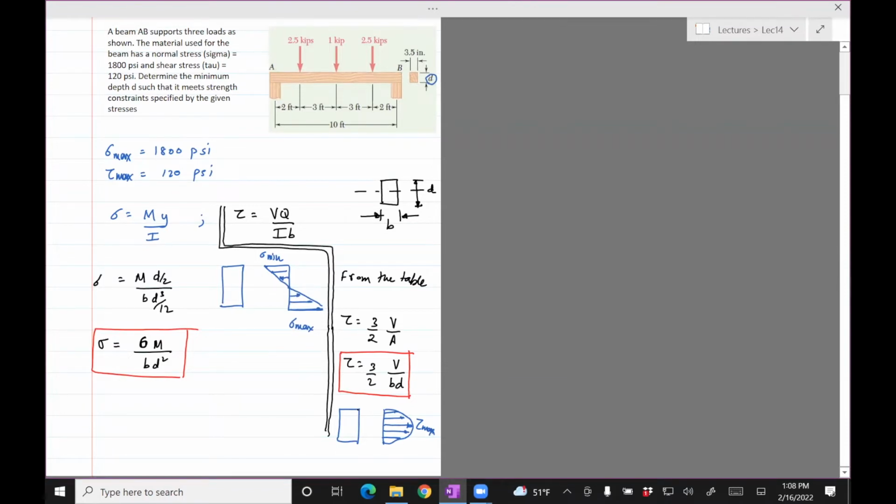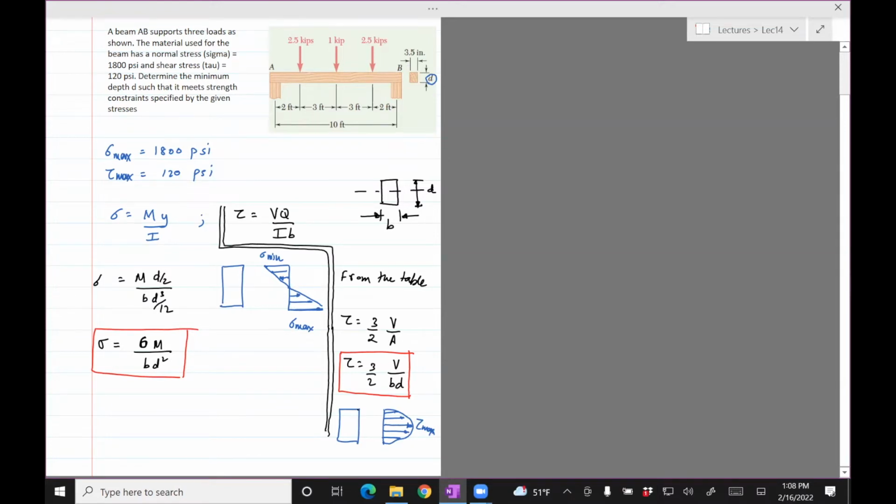Okay, so I wrote these formulas down so that we can see how to go about solving the problem. We have been given the maximum normal stress sigma and the maximum shear stress tau. We know from beam theory that the maximum stress is sigma equals 6M divided by B D squared, and it occurs at the outer edges.